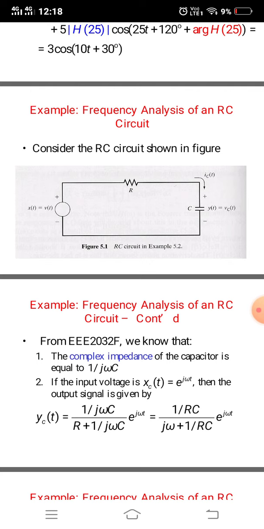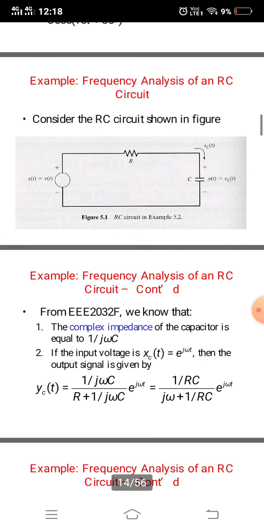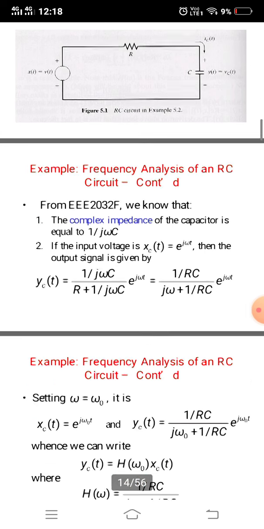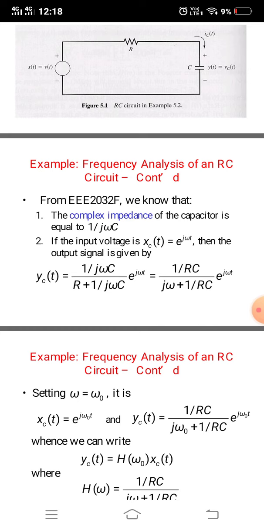Now we take the LCM of the denominator. After the LCM, we get 1 by RC as numerator and j omega plus 1 by RC as denominator, times e power j omega t. Now we set omega equal to omega naught.